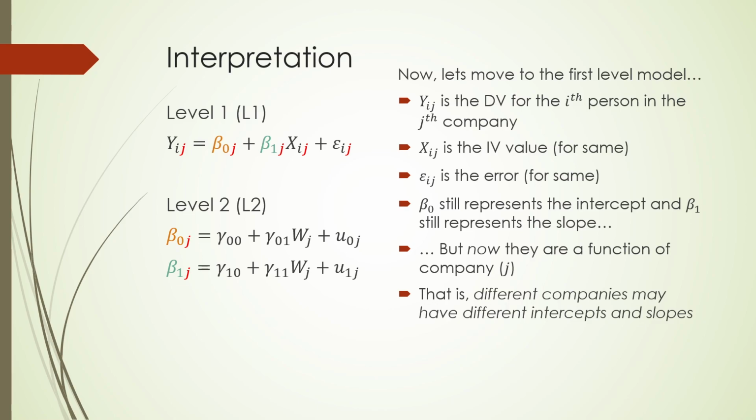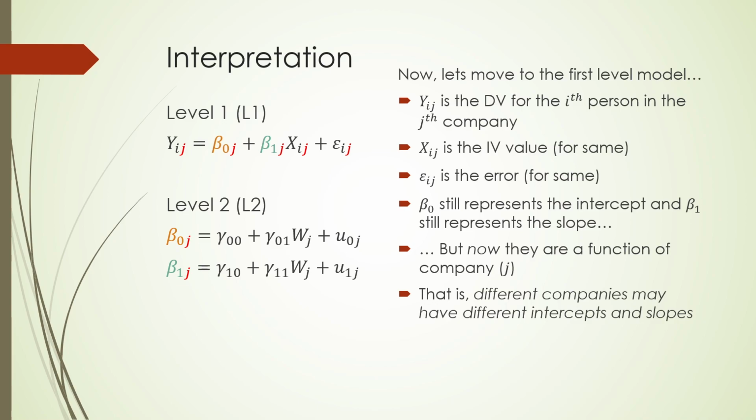What we're saying is that different companies may have different intercepts, base pay, and different skill compensations. And that actually is a much more digestible way to think about it. Do we think different companies should have different base pays? Theoretically, yeah, that makes sense. Do we think different companies may have different skill compensation levels?